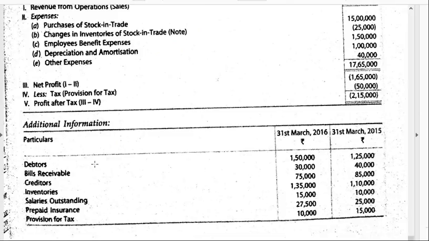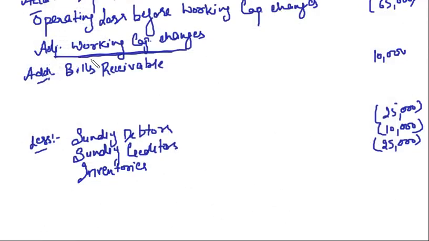Then salaries outstanding. It is a current liability. Our current liability has increased from 10,000 to 15,000. If there is an increase in the current liability, that means we will add back because the current liabilities move in same direction. Clear? 5,000.